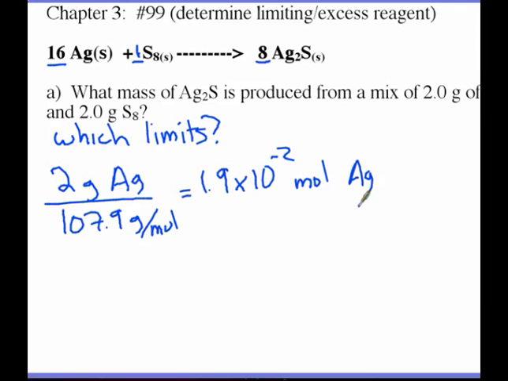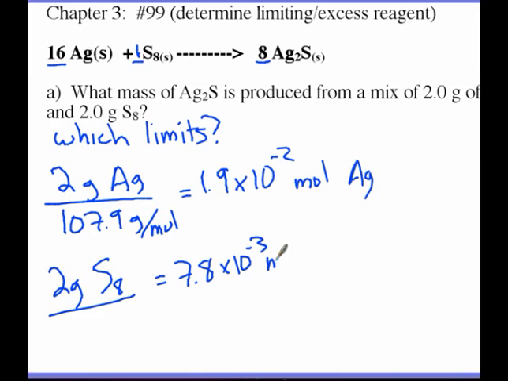We do the same thing for our sulfur, 2 grams of S8 divided by its molar mass. We're going to end up with 7.8 times 10 to the negative 3 moles of S8.